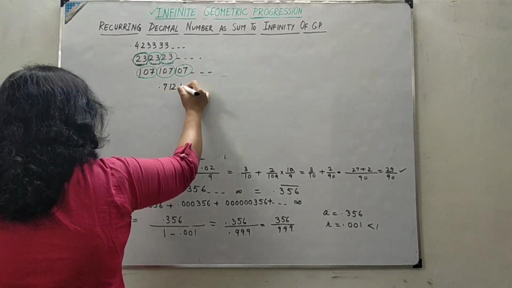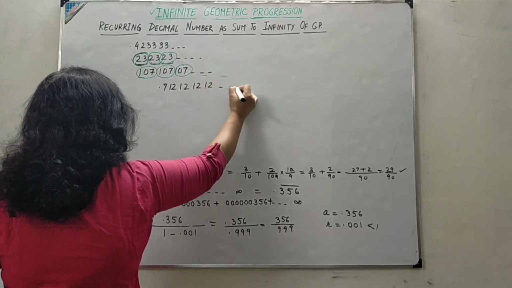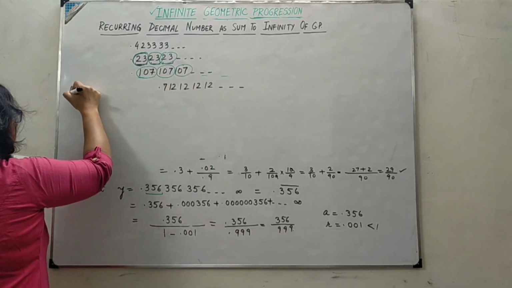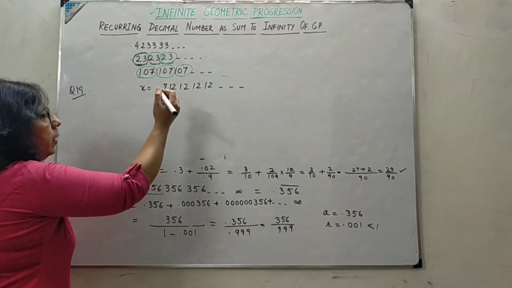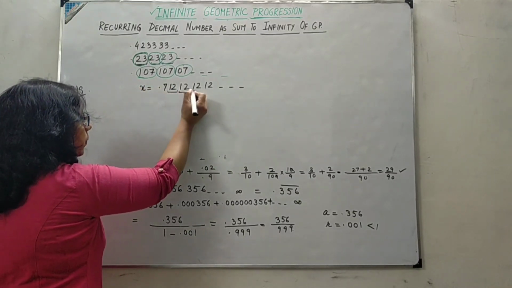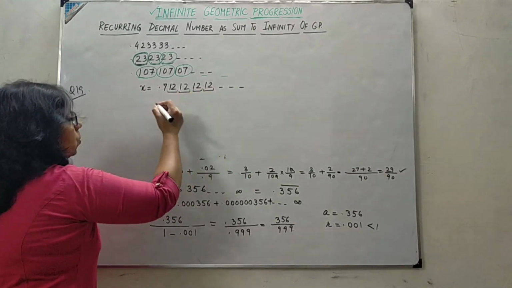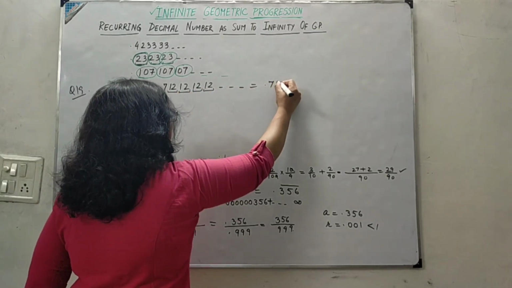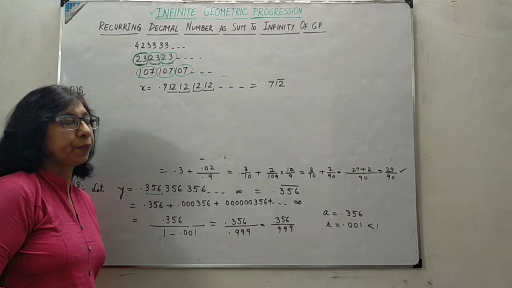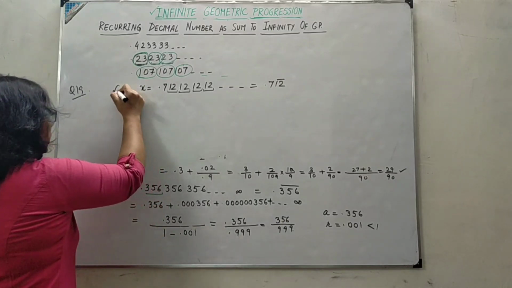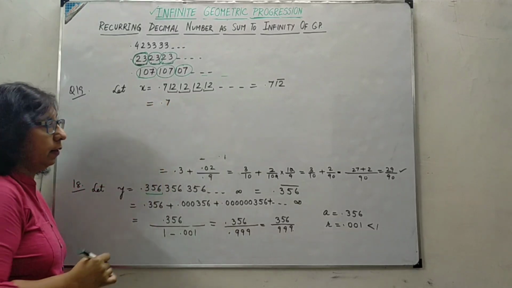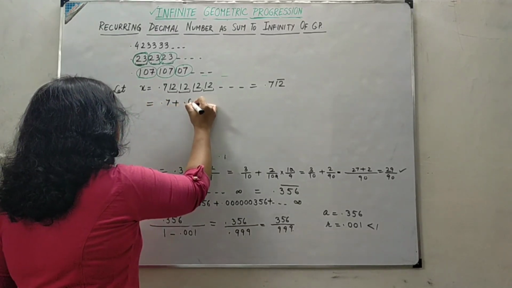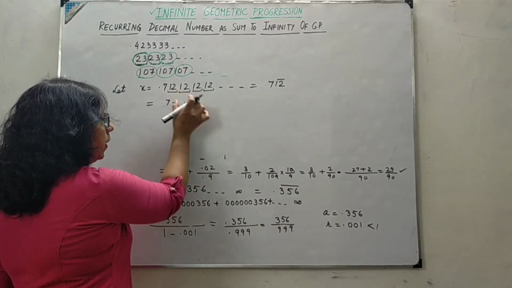Now 0.712, 12, 12, 12, etc. In this we have taken x as this number in which 2 digits are going to repeat themselves. So I can also write this as 0.712 bar. Now let me take this as x. Now I will separate this 0.7 and then plus 0.012 this part.